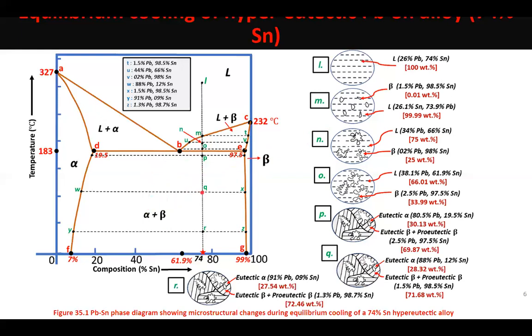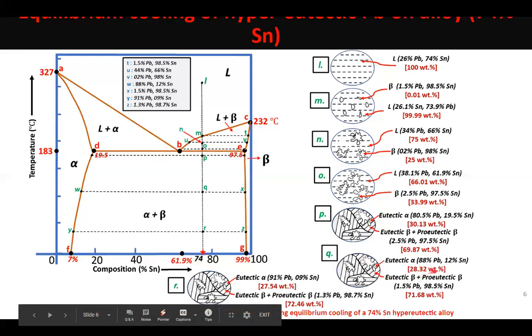So somewhere over here you see that in the microstructure we have alpha of not 19.5 but of 12%. We have beta of not 2.5 lead but only 1.5 lead, and also their amounts have slightly changed, from 30 reduced to 28, and this has increased from 69 to 71.